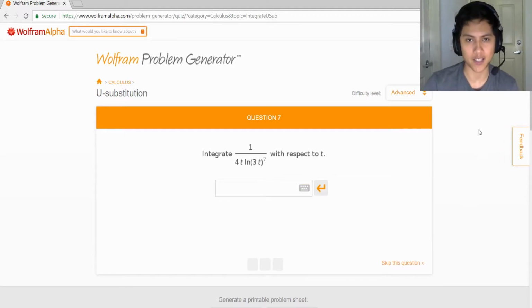All right, advanced. Here we go. Okay, 1 over 4t log of 3t to the 7th power. Again, let's just make log of 3t our u. Then du is equal to 1 over t dt. So I have a 1/4 outside.